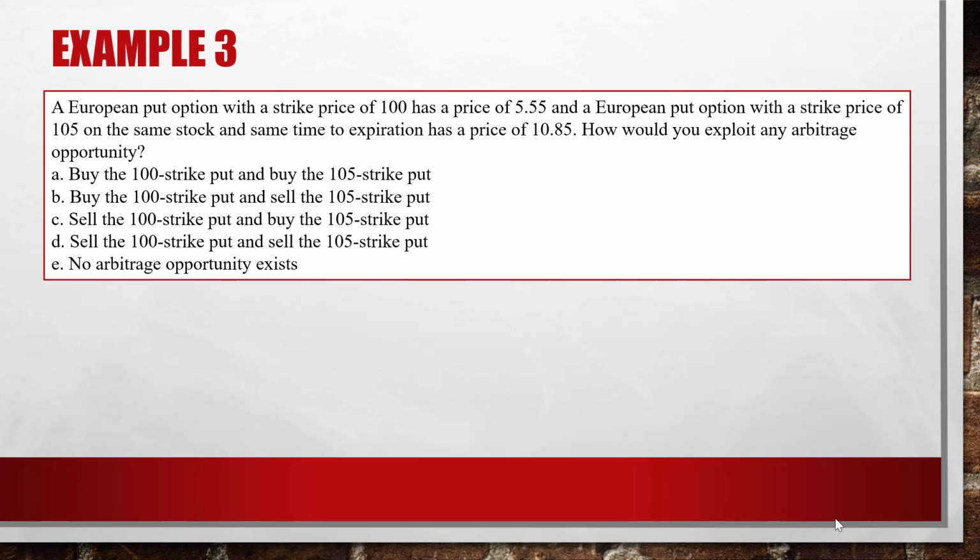Either buy the 100 strike put and buy the 105 strike put, or buy the 100 strike put and sell the 105 strike put, or sell the 100 strike put and buy the 105 strike put, or sell the 100 strike put and sell the 105 strike put, or no arbitrage opportunities exist.